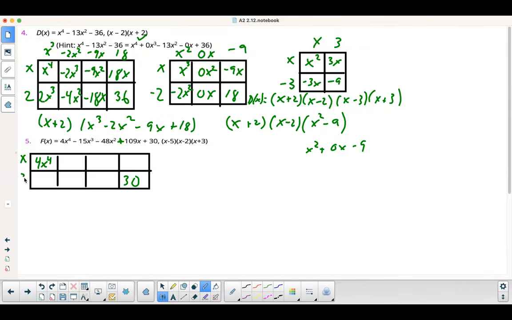So I'm going to just start with the x plus 3. All right, so that's going to be a 4x cubed. Multiply that out. 12x cubed. And these have to add up to negative 15x cubed. So what is that going to be?